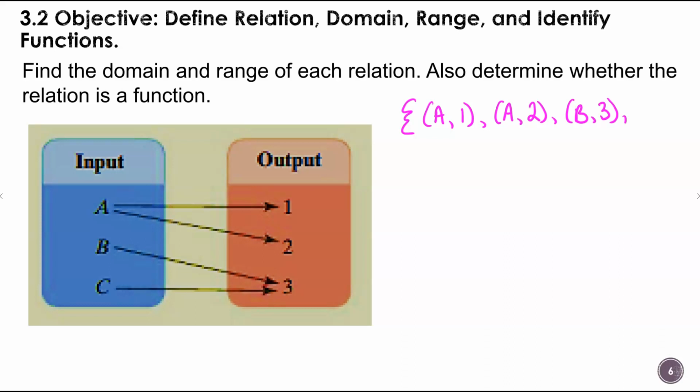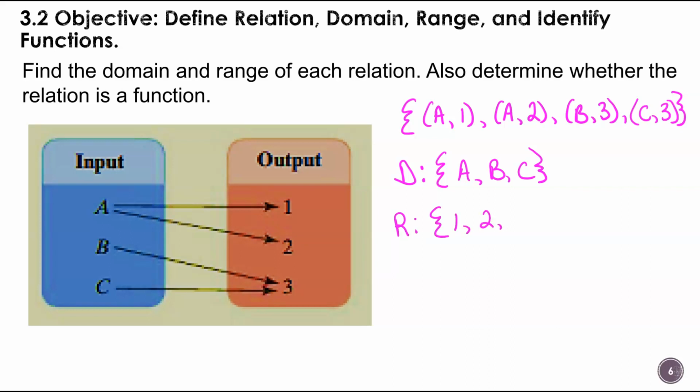Whoops, might want to put my parenthesis and a C. Okay, so there's my relation, and then when I look at my domain, abbreviated with a D, I'm going to list A, B, C, and then for my range, I have 1, 2, 3.